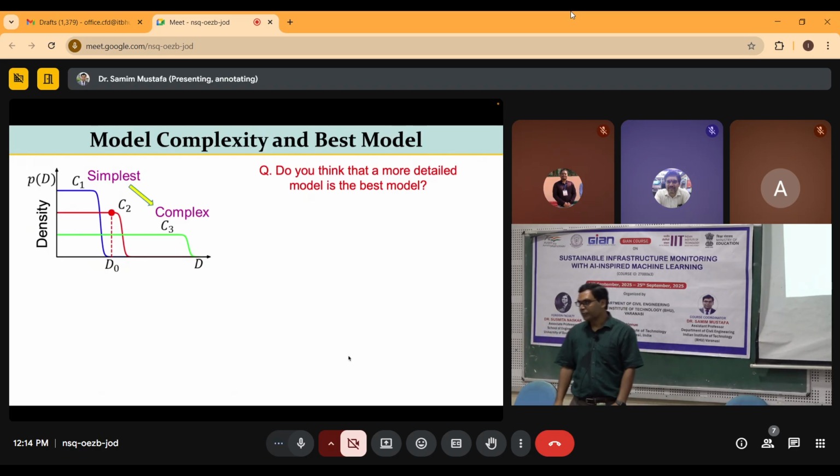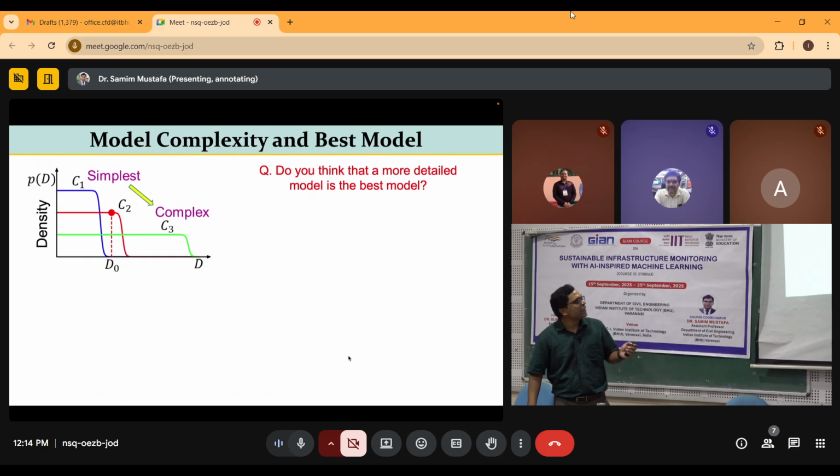What do you think? Yeah, that is correct. But first try to understand why the simplest model is looking like this and why the complex model is looking like this. First you try to understand.